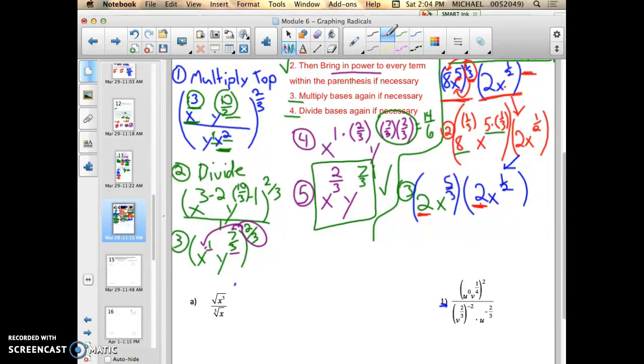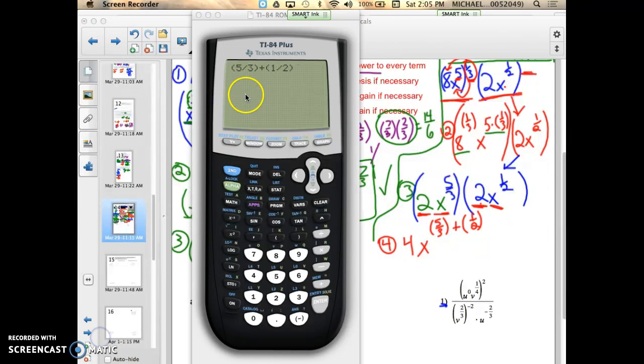2 times 2 is 4. Then I have a base times a base. Base times base, you add their powers. 5/3 plus 1/2. My calculator out again, and I already put in 5/3 plus 1/2. I put parentheses around my fractions.